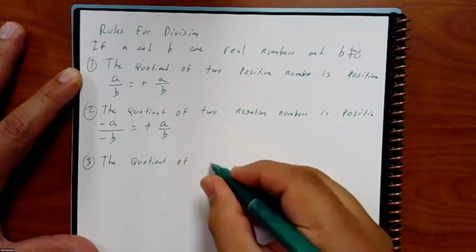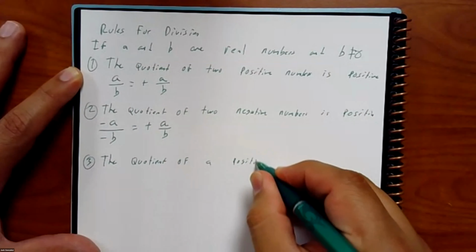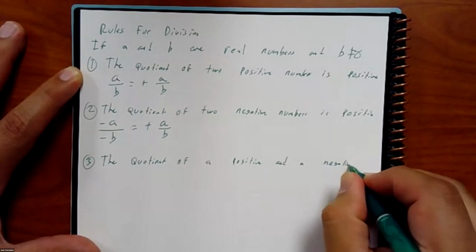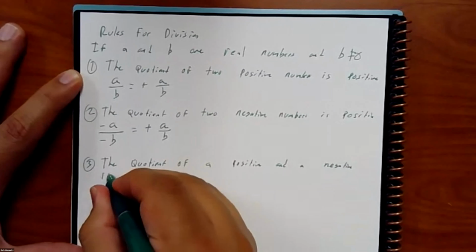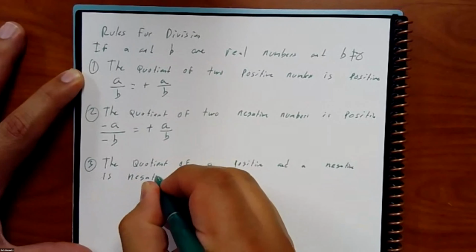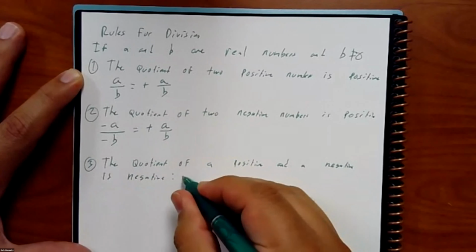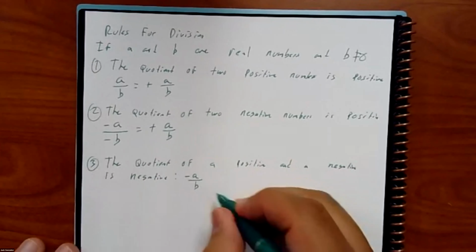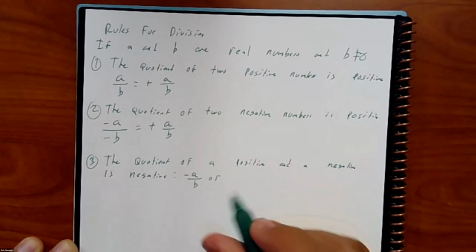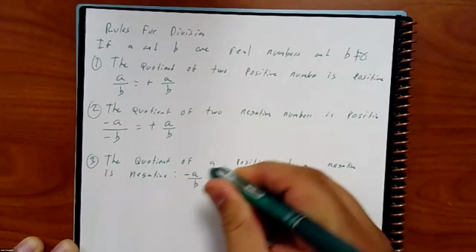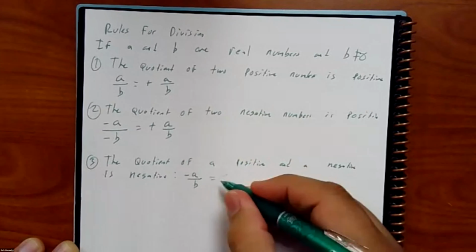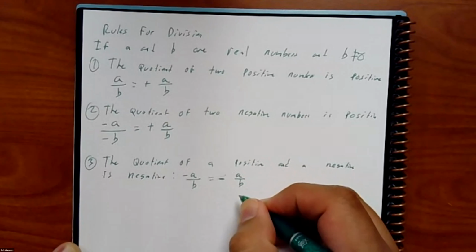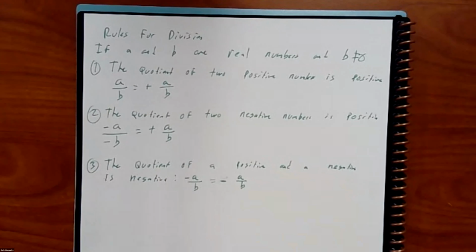The quotient of a positive and a negative is negative. So negative A divided by B is negative A over B. Basically the entire quantity becomes negative.